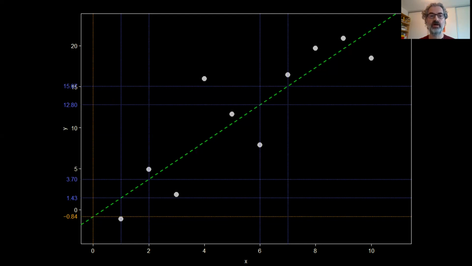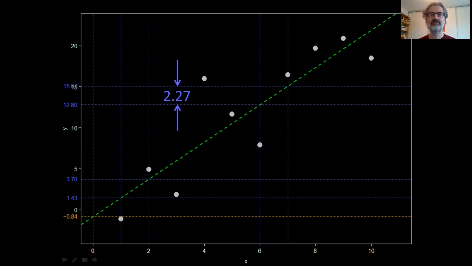Our predicted y for x equals 7 is 15 point something. And the difference between these two values is, no surprise, 2.27. No matter where we do this, a unit increase of x is accompanied by an increase of 2.27 in y.